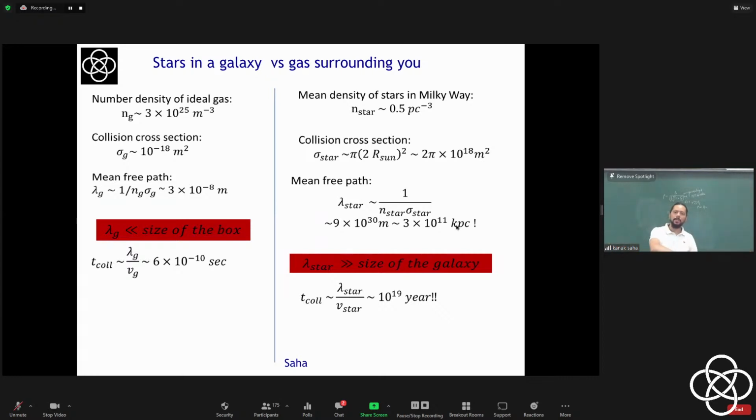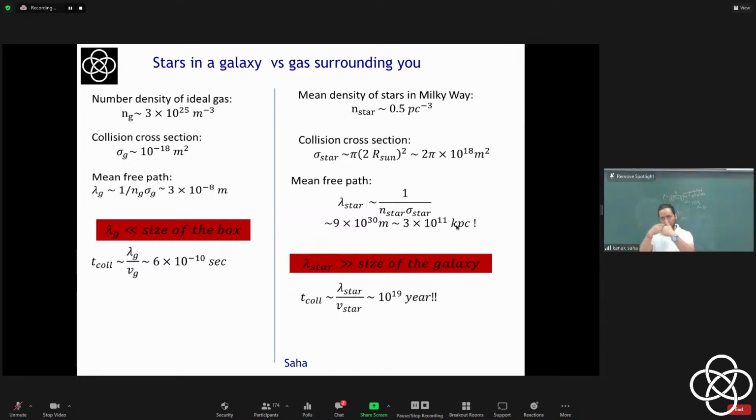This is the opposite of gas molecules in the room, which I've put on the left side. In the case of a gas molecule, one nitrogen molecule would not even go an angstrom path length before it does a head-on collision with another molecule. But for stars, when they go around in the galaxy, there are many other stars going around at the same time, but nobody collides with each other.